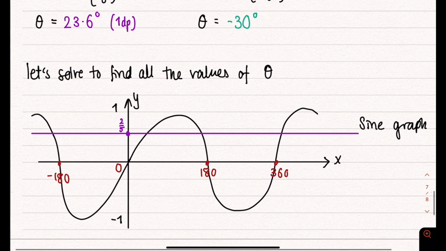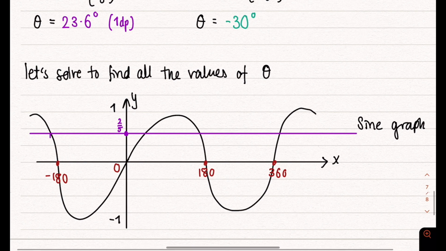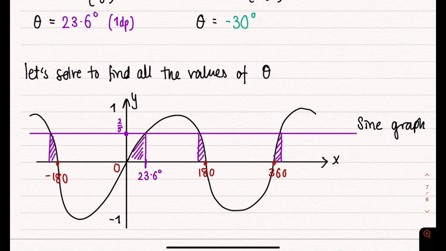So we can see that this line intersects the function at these various points. So if we shade these in, and by using the information above, we know that this point is equal to 23.6, which we found using the calculator.